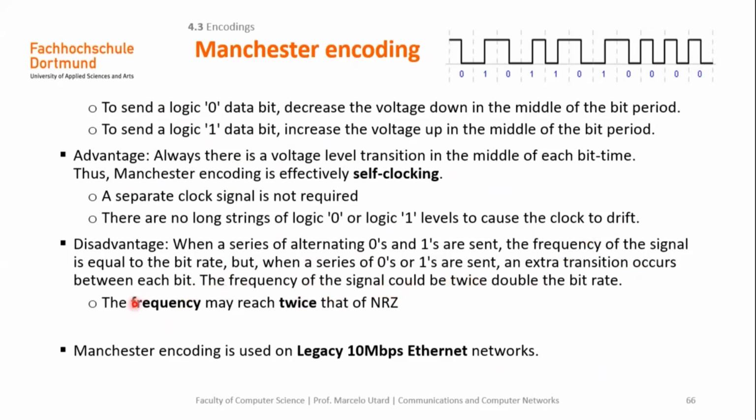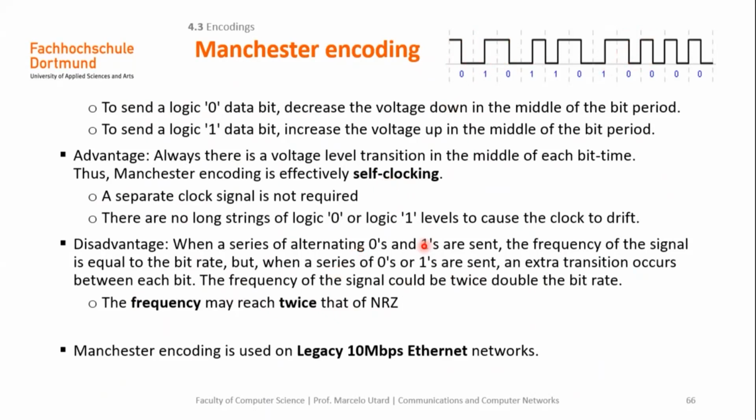Then the frequency may reach twice that of NRZ. In the case of NRZ, the frequency could be at most equivalent to 1 cycle per 2 bit times. In the case of Manchester, the frequency could be typically 1 cycle per bit time.